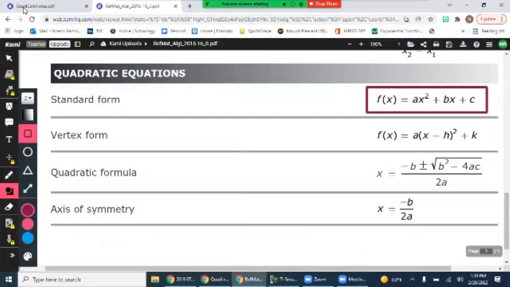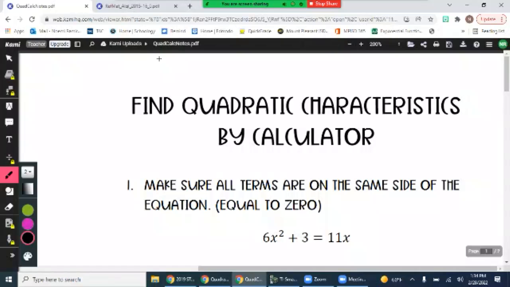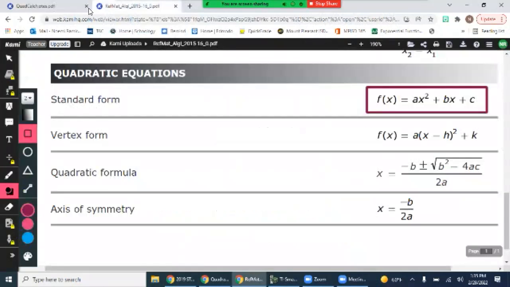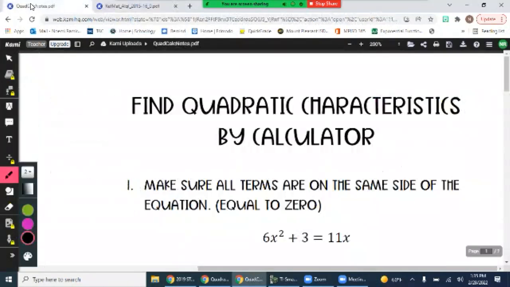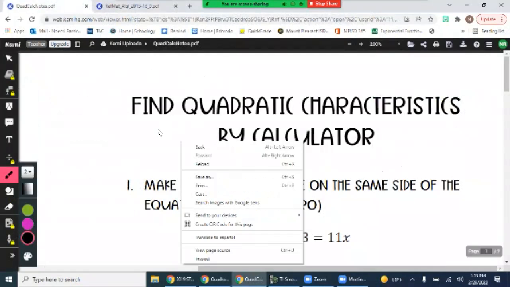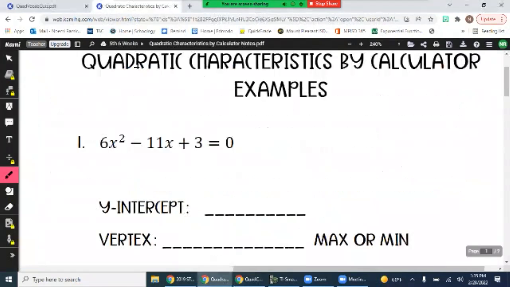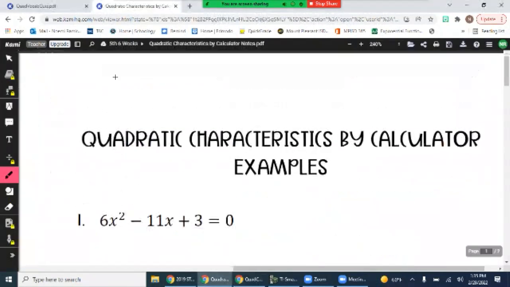But first things first, we need to go back over what standard form is for a quadratic function. Standard form can be found in your formula chart. It's f of x equals ax squared plus bx plus c. I'm actually going to write it in the examples foldable.